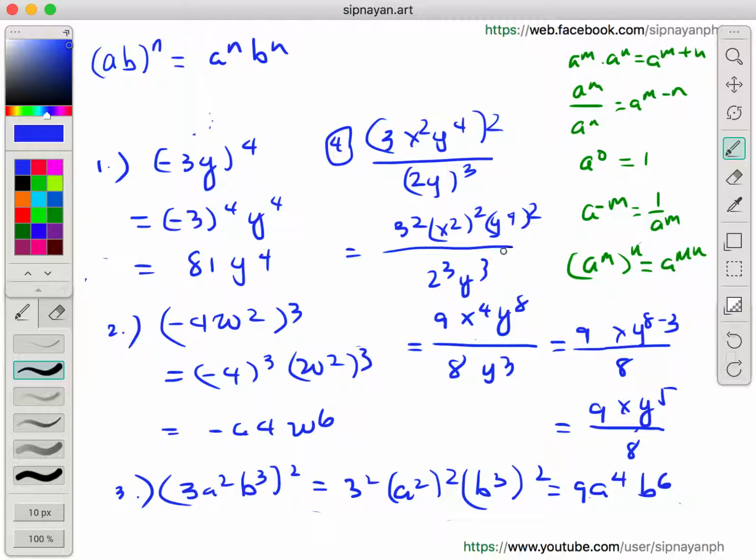And then pag na-distribute na natin, pwede na natin gamitin itong law na to. Pag meron tayong isang variable and then we have an exponent and then we raise it to another exponent, we multiply the exponents. Kaya siya naging x to the 4th, y to the 8th. And then gumamit naman tayo ng pangalawa. Pag meron kang division and same base, you subtract the exponent. So, naging 8 minus 3. Kaya yung sagot natin ay 9xy to the 5th over 8.